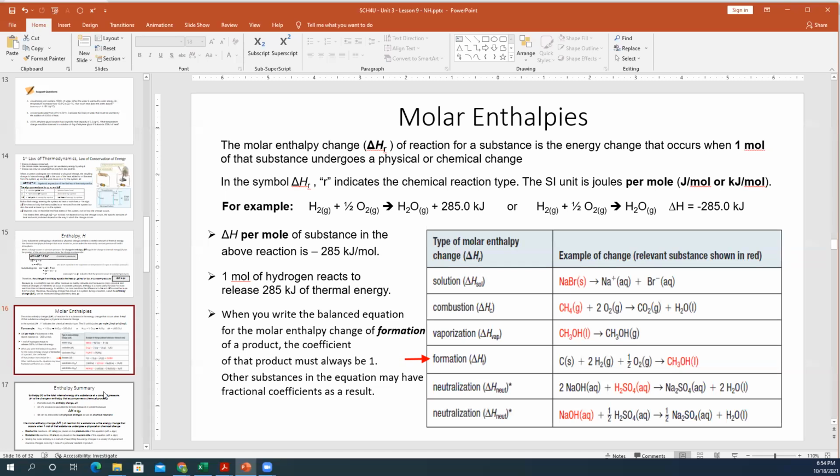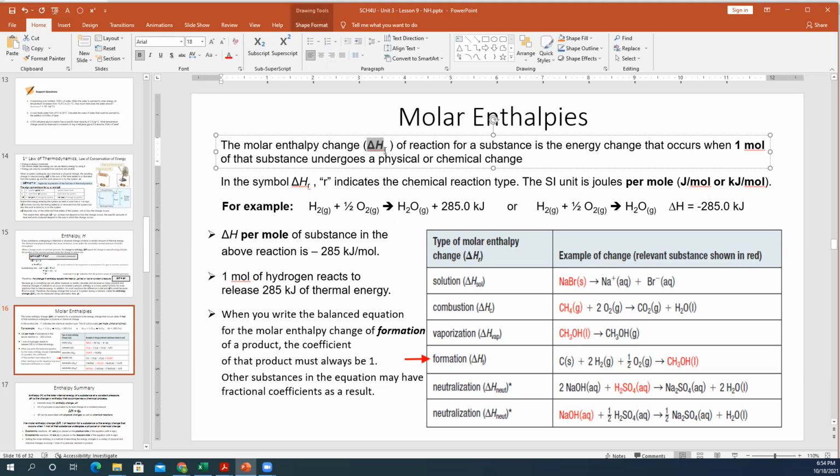So let's talk about molar enthalpies. Molar enthalpy change, denoted by delta H subscript R, where the little R indicates a reaction, for a substance is the energy change that occurs when 1 mole of that substance undergoes a physical or chemical change.